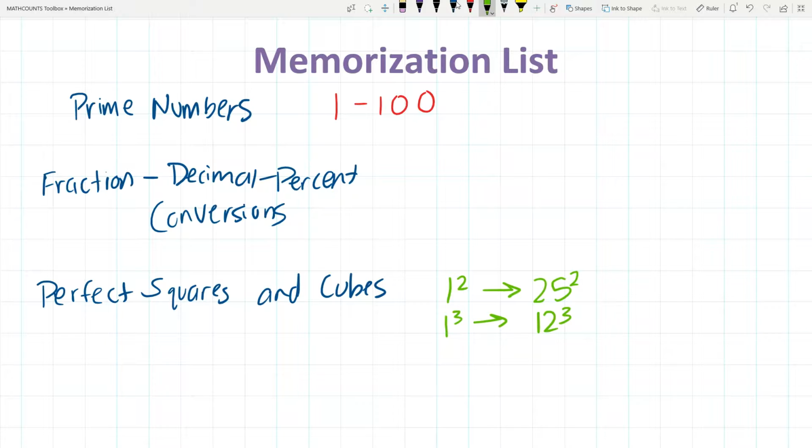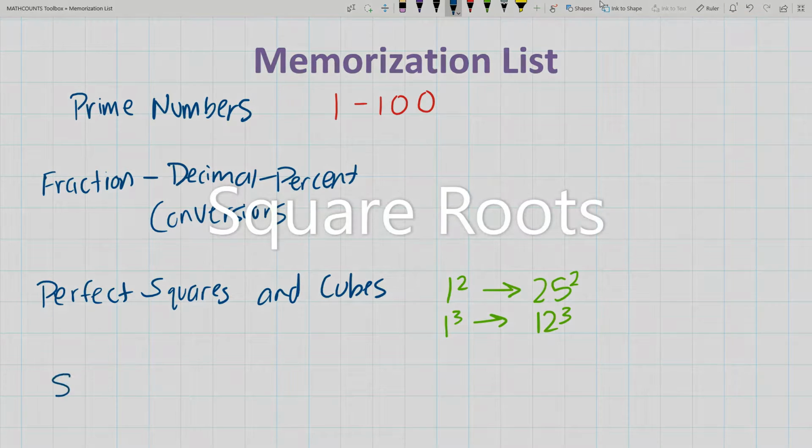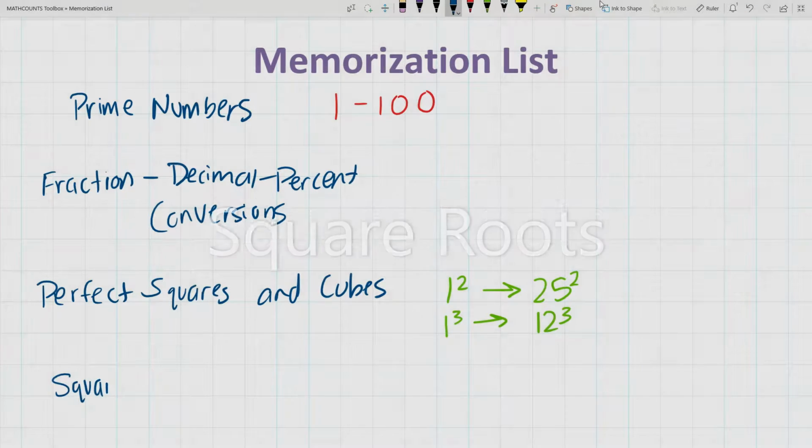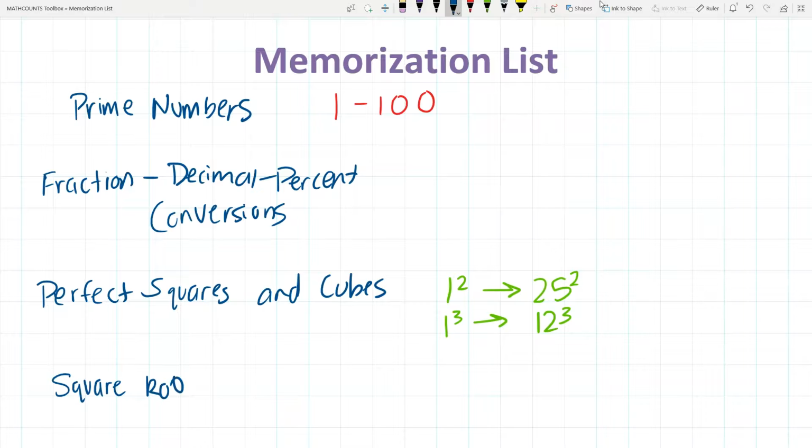But okay, let's move on to the next thing on our list, which is the last one that you should have memorized, which are square roots. And you should also memorize some of the cube roots. What I mean by square roots is not perfect square roots. It's easy to know perfect squares, but it's not easy to know what the decimal approximation is.